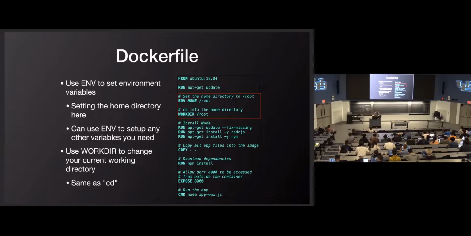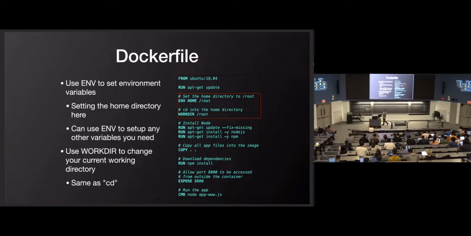Next, you can get away without doing this. I like to do it personally, so I left it in my example. But I'm going to set an environment variable. You don't have to set this environment variable and change the working directory, but I still want to show you how to use environment variables in Docker.